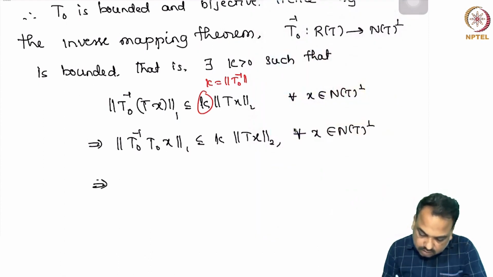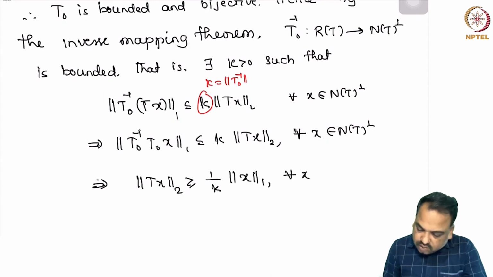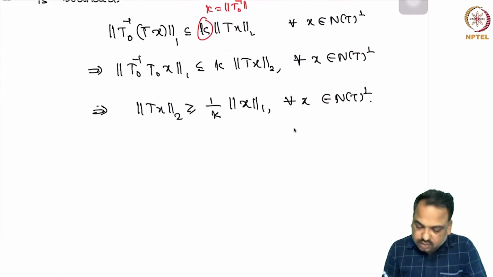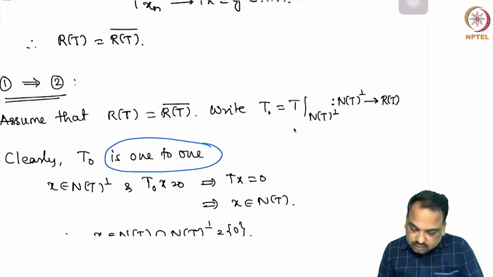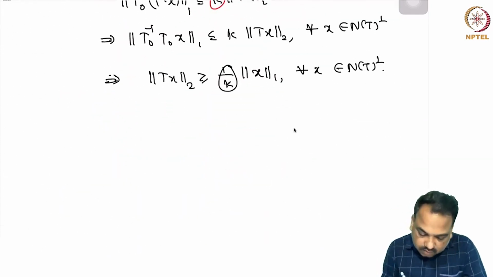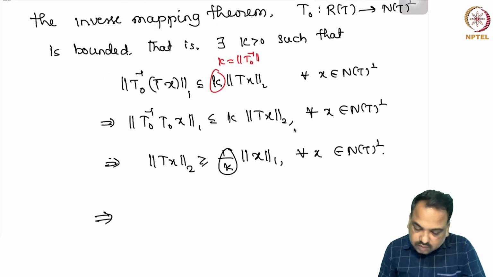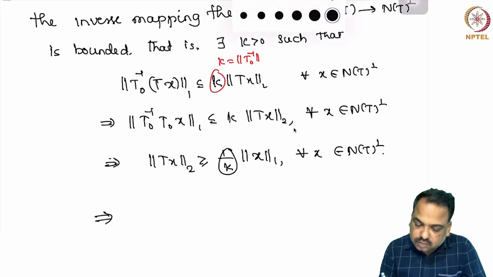This implies norm of Tx is bigger than 1 by k norm x for every x in null space of T perp, and this 1 by k is our required constant. Let us say this is gamma.